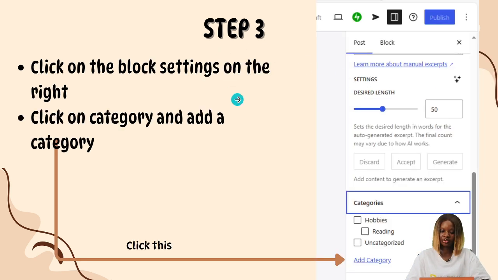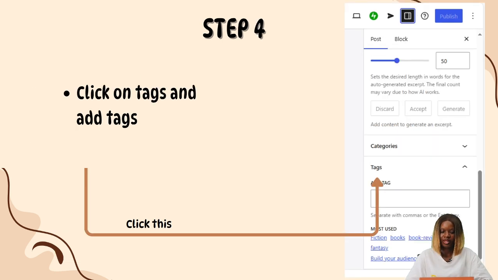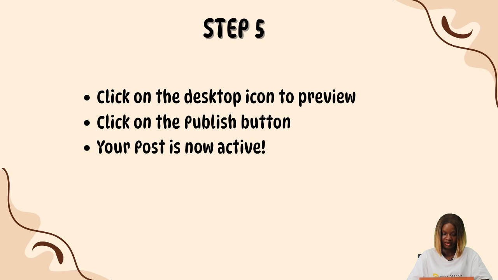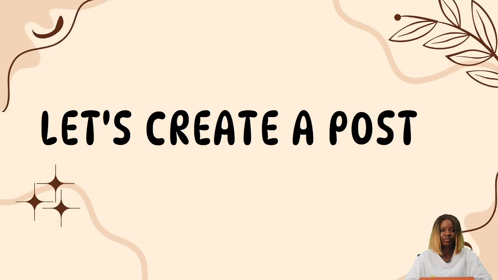So once you're done adding the content, you click on the block settings on the right. To add a category, you click on category and add a category. Then after that, you click on tags and add tags. So your tags could be as many as you want, and they should be reasonable words. Then you click on the desktop icon to preview. You click on the publish button and your post is now active. So let's go over and create a post.